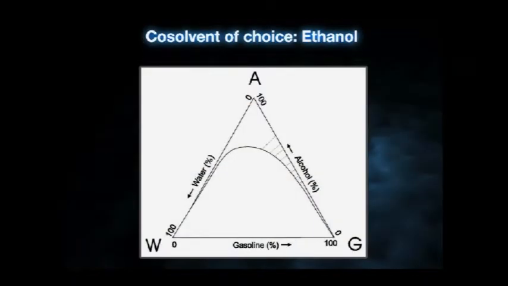Should I pick a line parallel to this one that crosses this point? It will give me the amount of water. And if I pick a parallel line to this one that crosses this point, we will have the amount of ethanol.